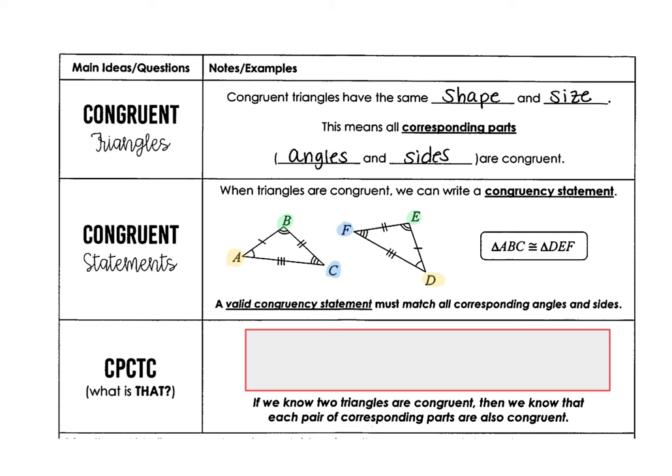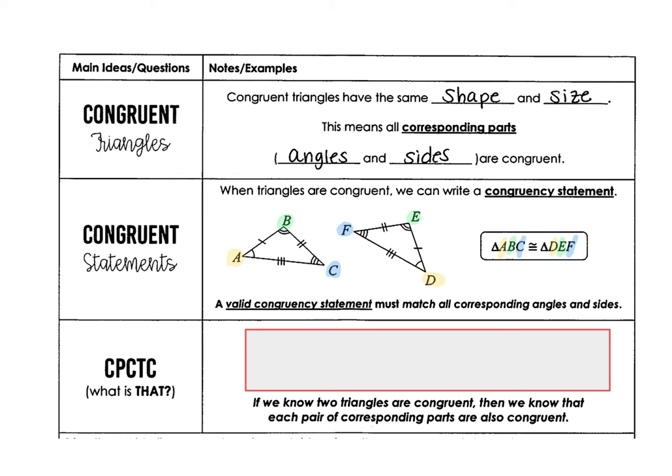Okay? So when I list this congruence statement, if A is first, whatever A is congruent to has to be first in my next one. If B is second, then whatever B is congruent to has to be second. And if C is third, then whatever C is congruent to has to be third. So it doesn't matter how you write the first one as long as the second one corresponds to it, okay?